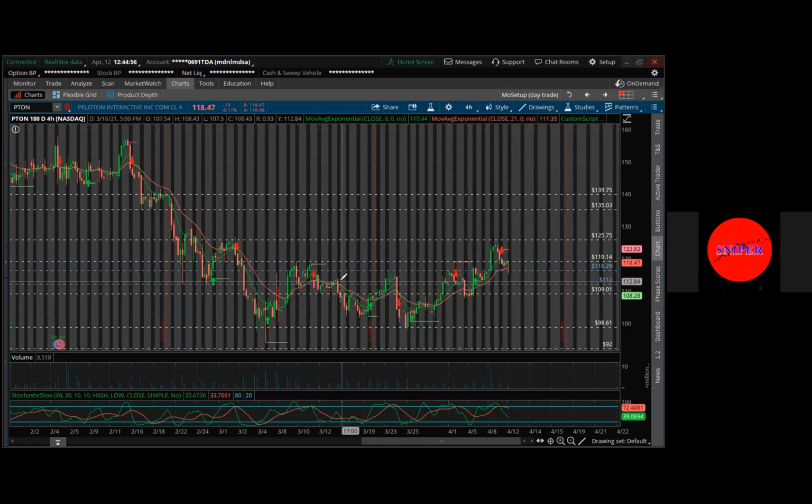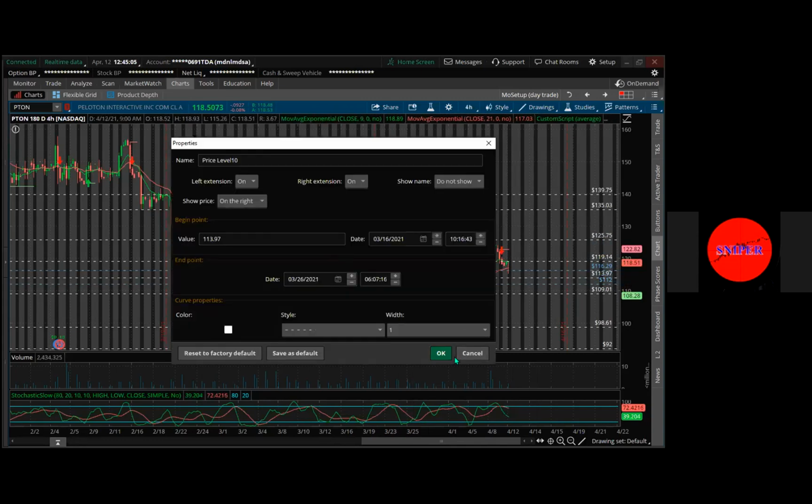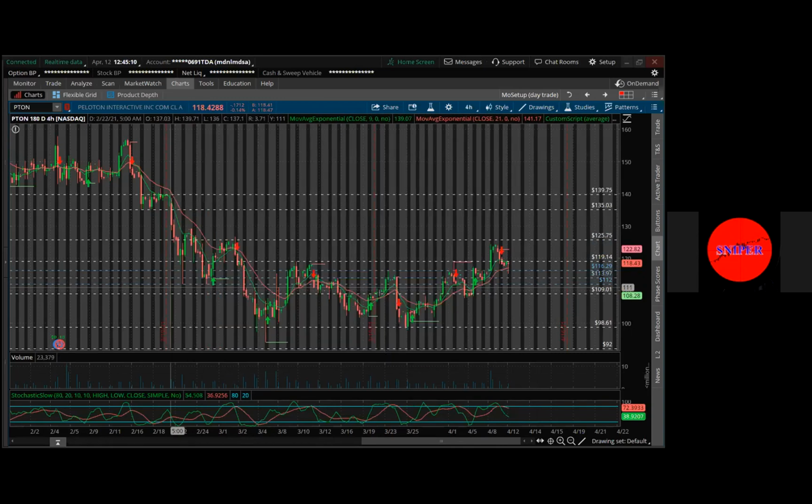You could include this high if you want, 113.98. Color it in blue just so that you could differentiate. All right. Peloton, we're done. Any questions with Peloton and how I got these levels, guys?